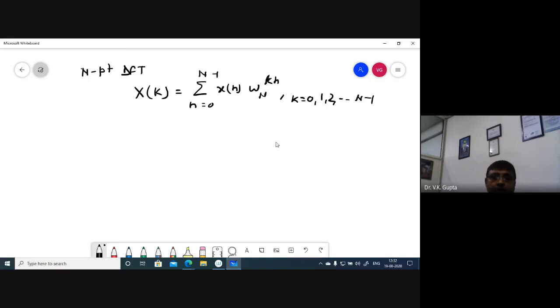We can either solve by direct computation, or we can solve the DFT points by using our matrix method.